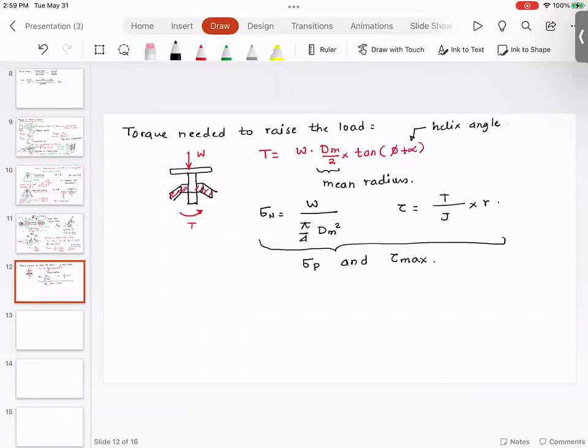Now, this is slightly different than the way we designed the turnbuckle.